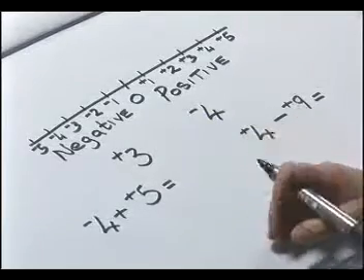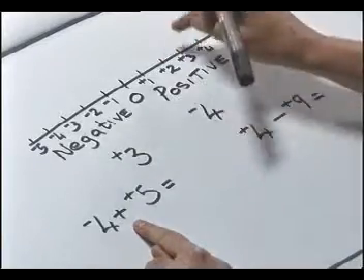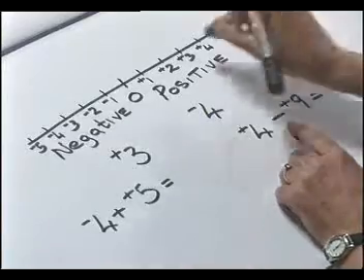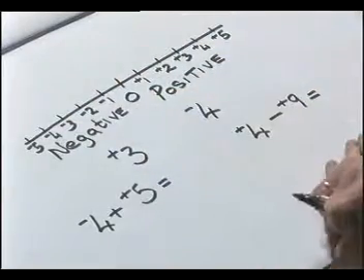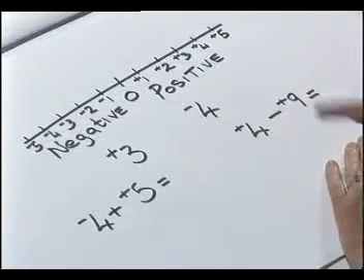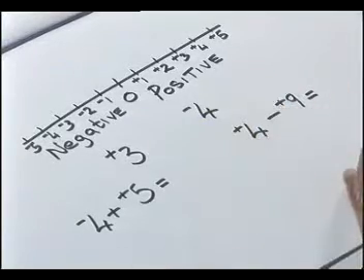And we have to remember that using a number line, addition means you count on in that direction, and subtraction means you count back in that direction. So using those two little rules, we'll calculate this expression and then this.